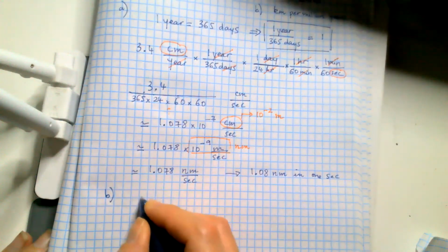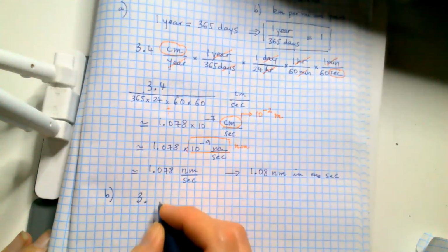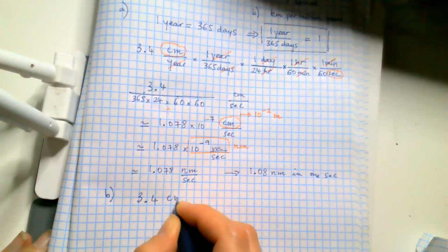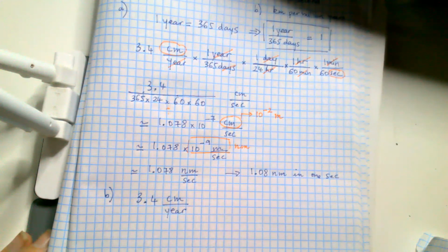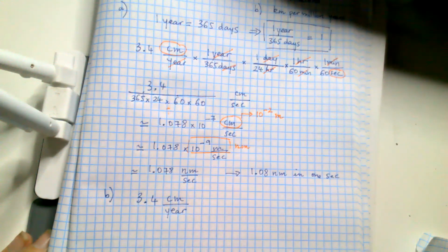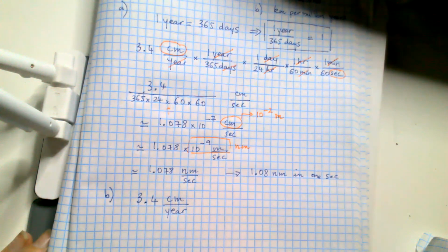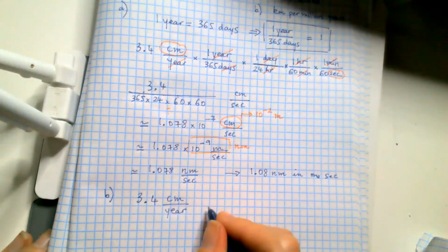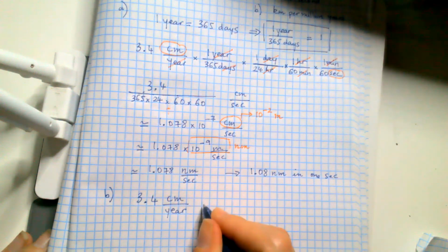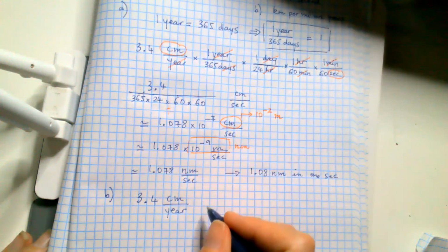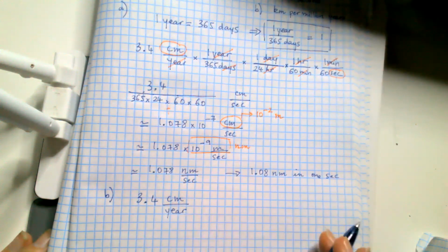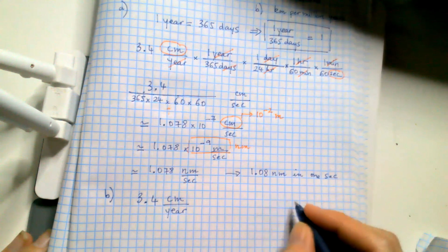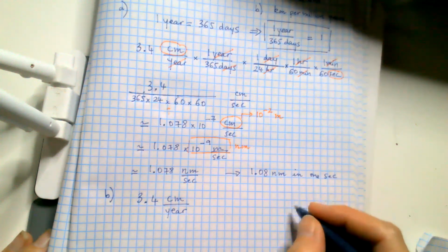We're going to start off again with our 3.4 centimeters per year. Okay, so we can look at how many kilometers that is going to correspond to.